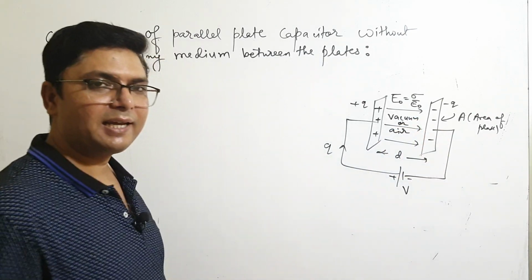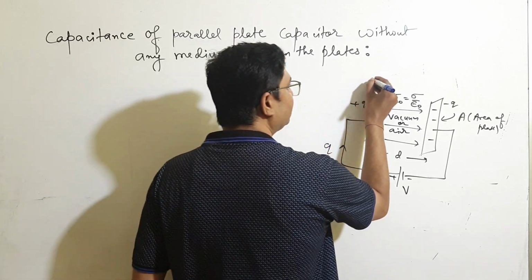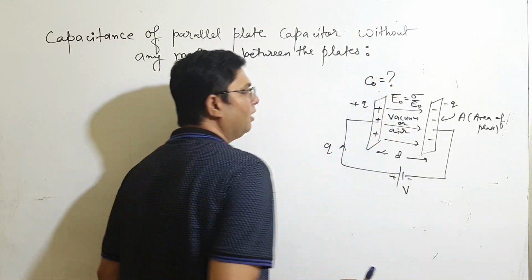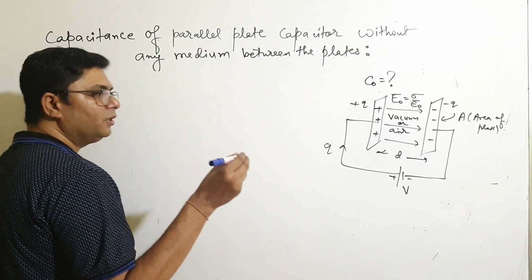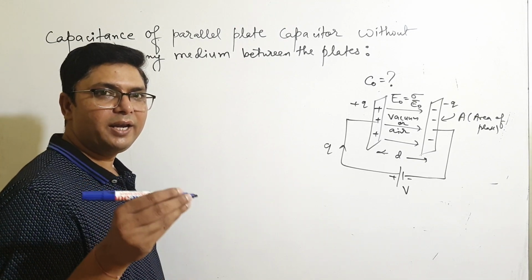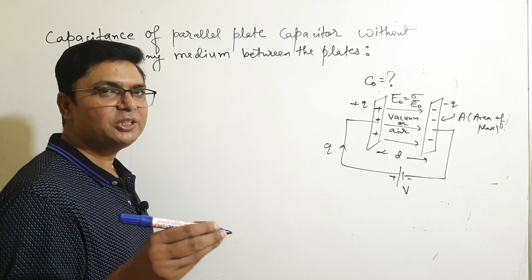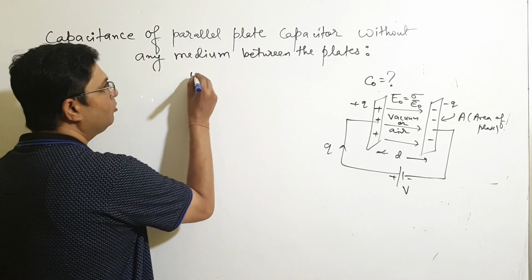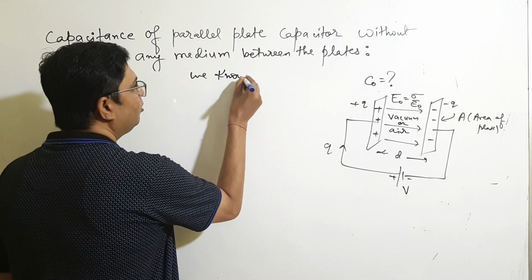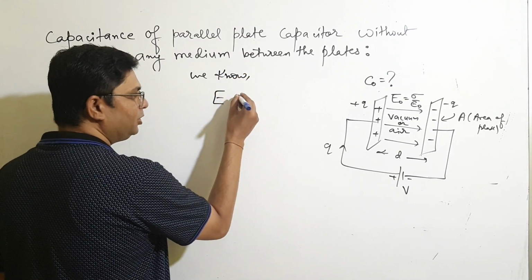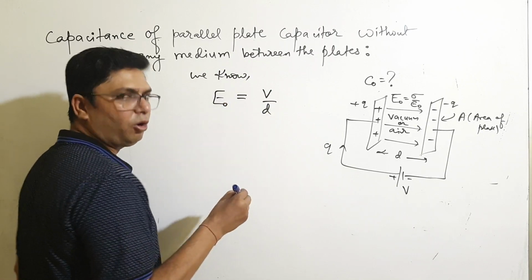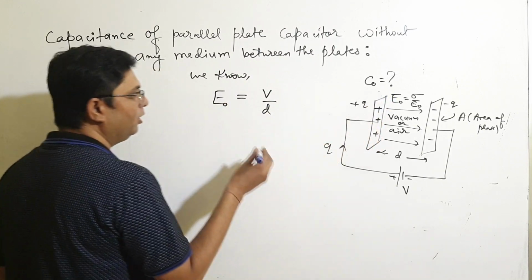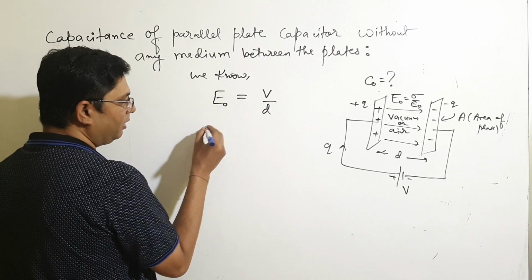Then you have to find the capacitance C. You have to find the relation: C naught is equal to what? You have to find the equation. For that, we know the relation between electric field E and potential gradient. The electric field magnitude is equal to the potential gradient. So write E naught here, because we have taken E naught here.